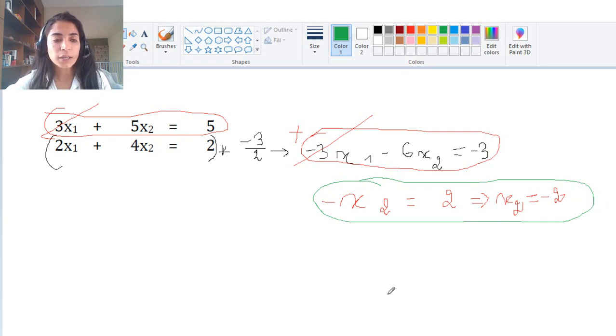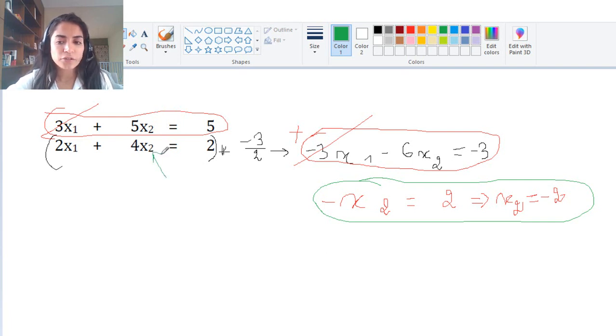Now, if I know x2, I can find x1 from one of these 2 equations, either the first one or the second one. You only have to substitute x2 by minus 2. So in the second equation, it is much easier.